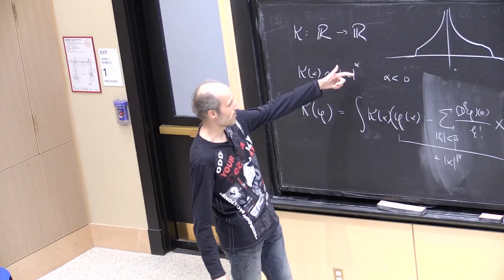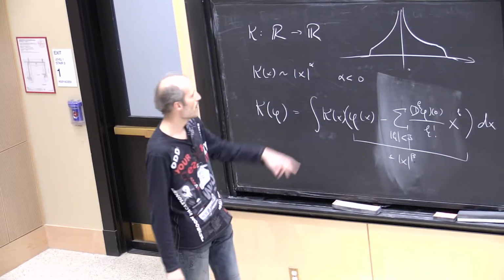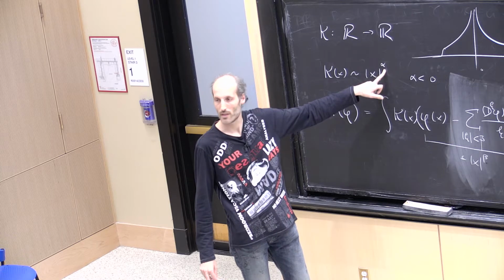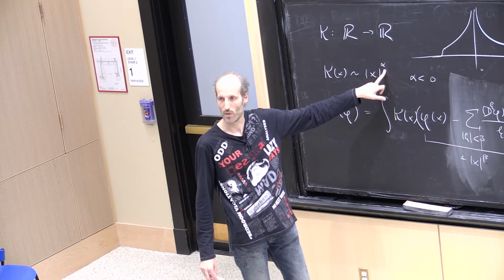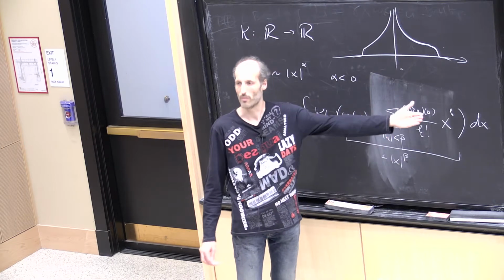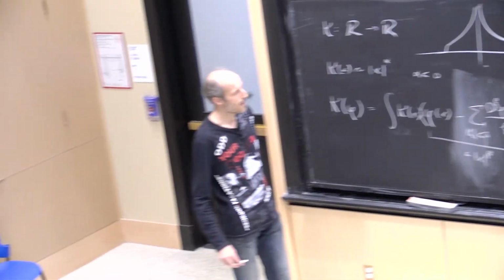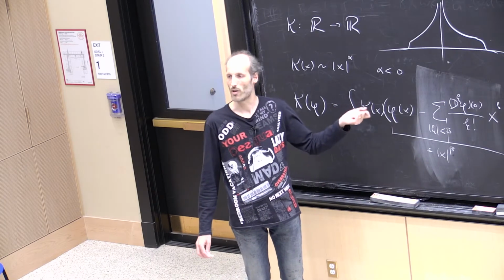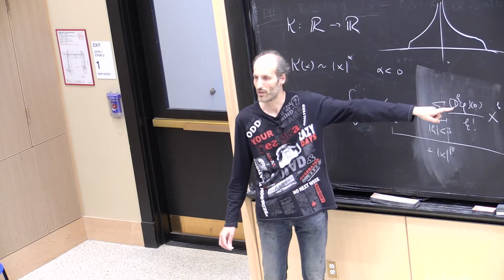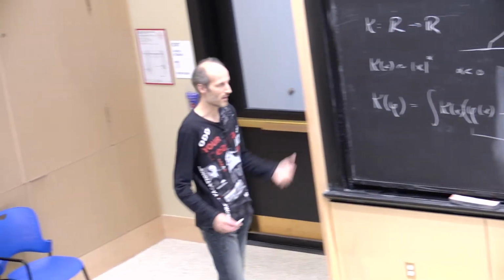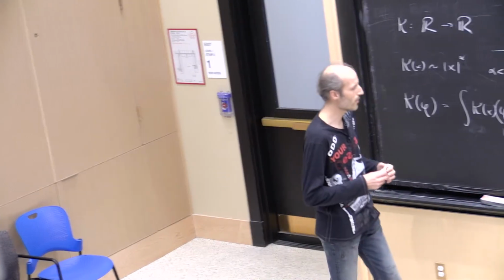And if I make sure that beta is sufficiently big, so that beta minus alpha ends up being bigger than -1, then this is integrable. So there's no problem defining that integral. The other thing you see is that if phi actually does vanish in the neighborhood of 0, then all of these derivatives are 0 and I haven't changed anything. So in that sense, it's consistent with what I said before.